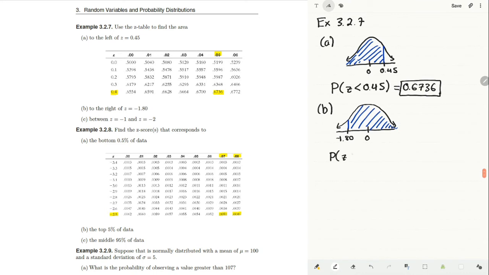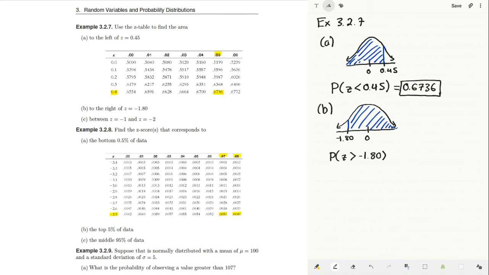Now keep in mind that the z-table gives us areas to the left of the z-score.